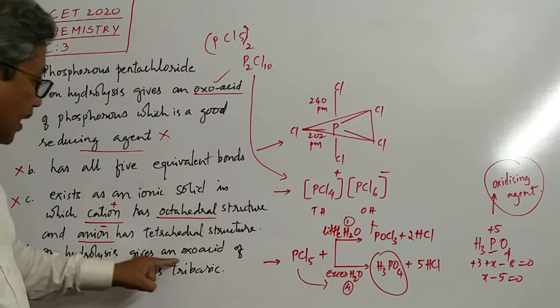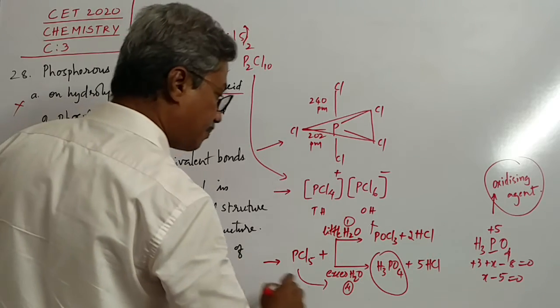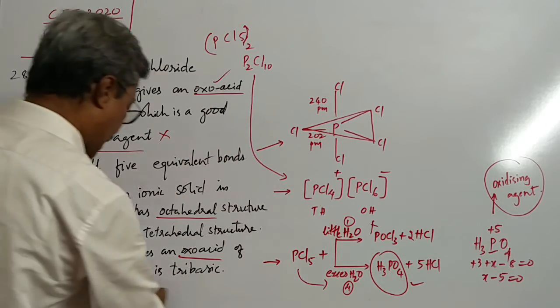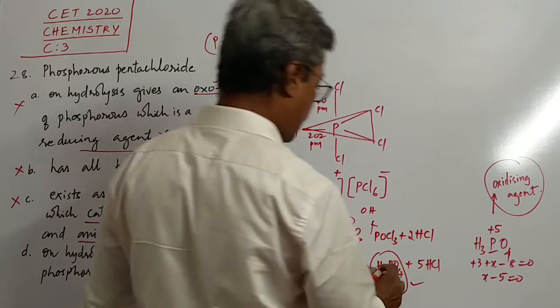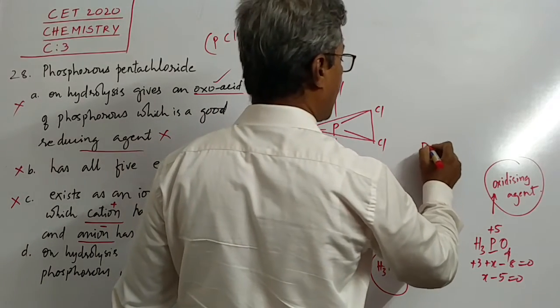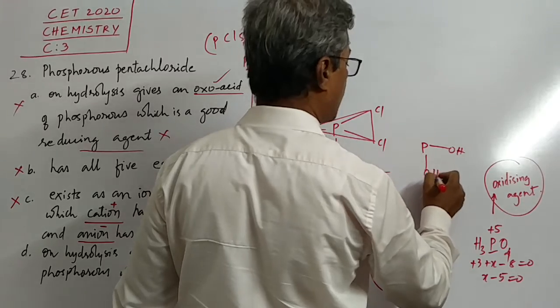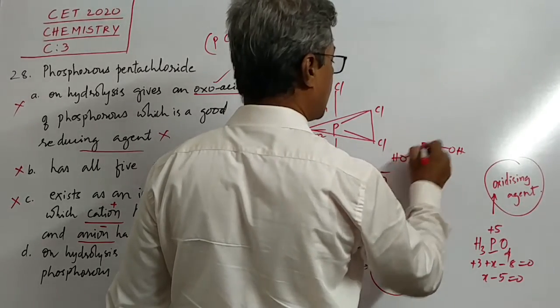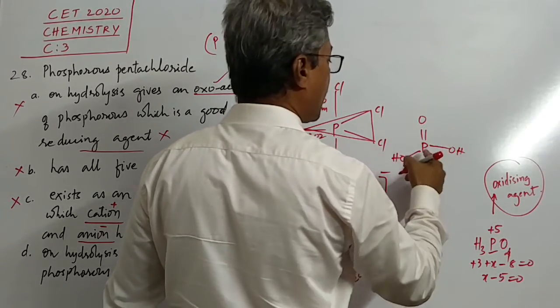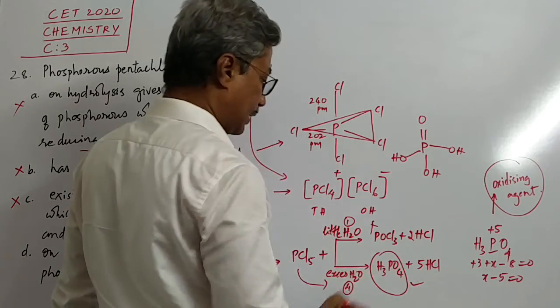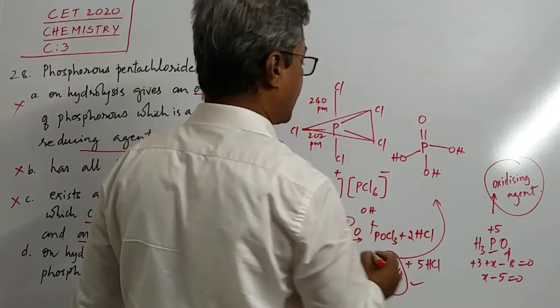On hydrolysis it gives an oxo acid. Yes, once again we come here only. Oxo acid of phosphorus, which is tribasic. Tribasic stands for this: P with OH groups and a double bond to O, H3PO4. This is the structure of phosphoric acid.